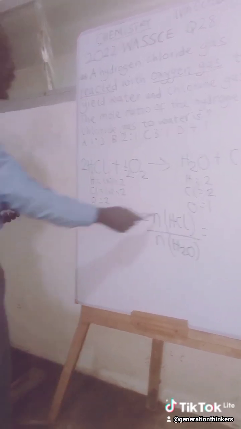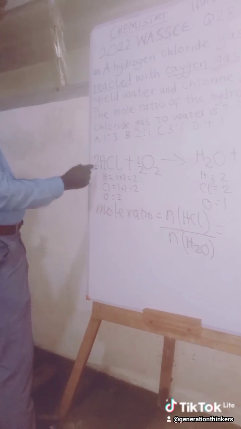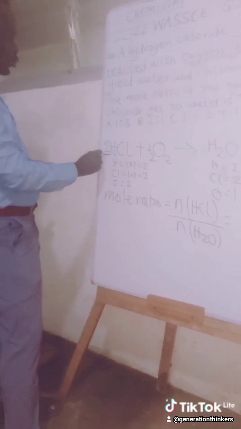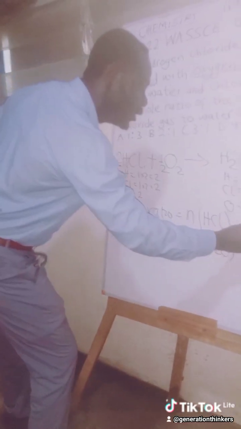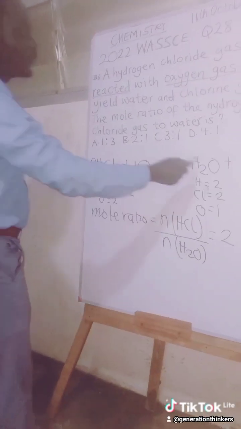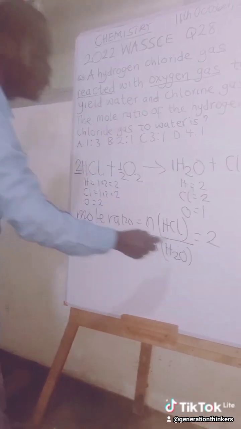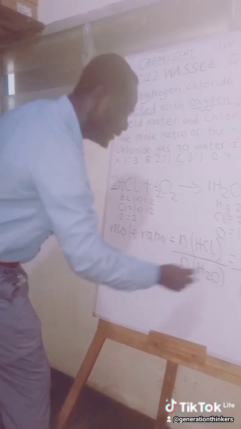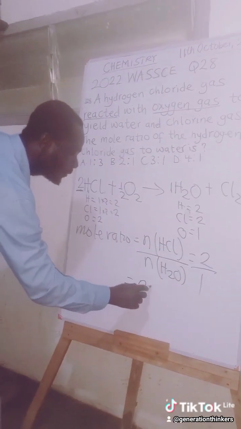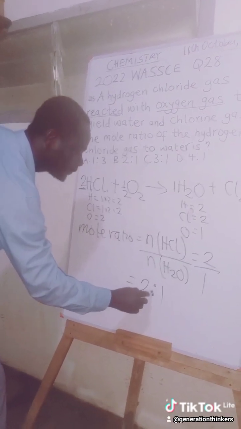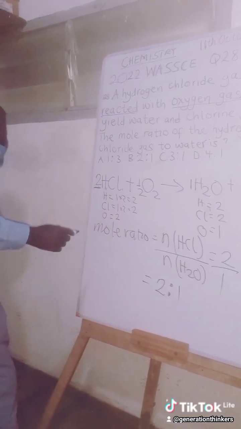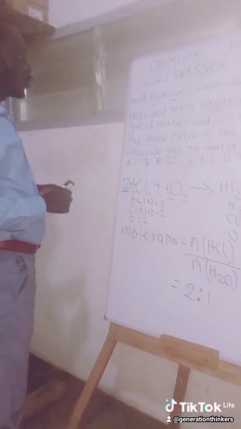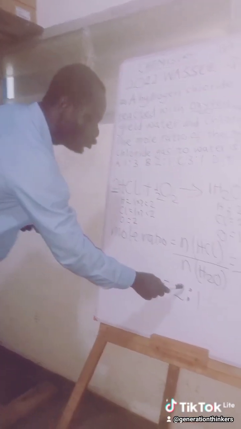Now, the hydrogen chloride is 2, so you put 2 here. Then you come to the water, there is 1 here, so you put it all over 1. So the mole ratio between hydrogen chloride and water will give us 2:1.